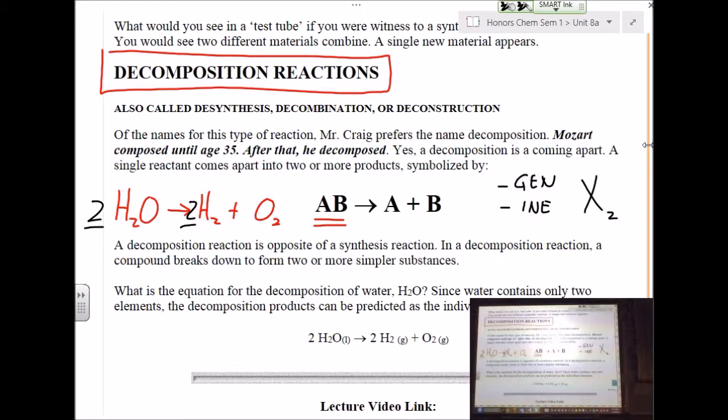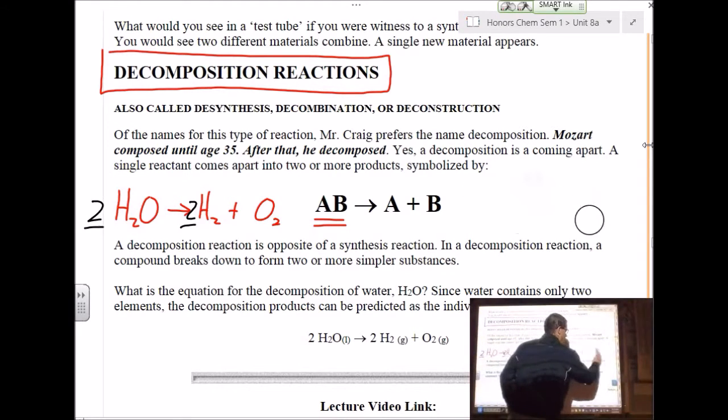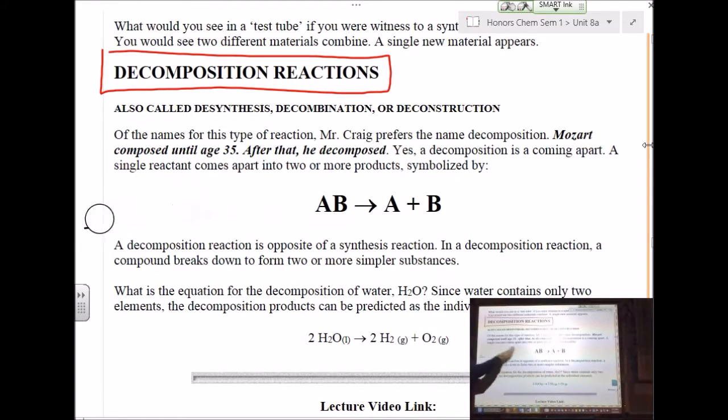And how many different elements are like that? 7. That's it. So say it to yourself, and the good news is it's only the 7 that we know. So chlorine, bromine, iodine, hydrogen, nitrogen, oxygen. Okay. So don't stress yourself out. It's easier than you think if you just slow down for a second. All right. So yeah.